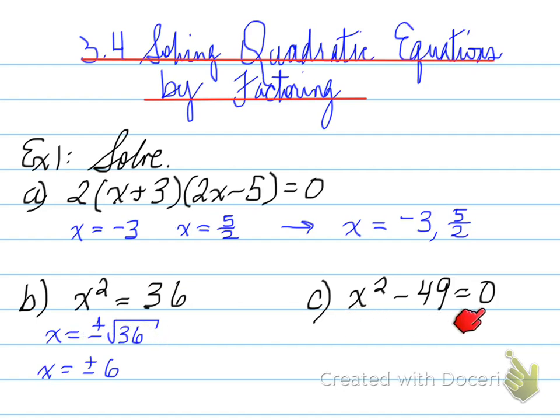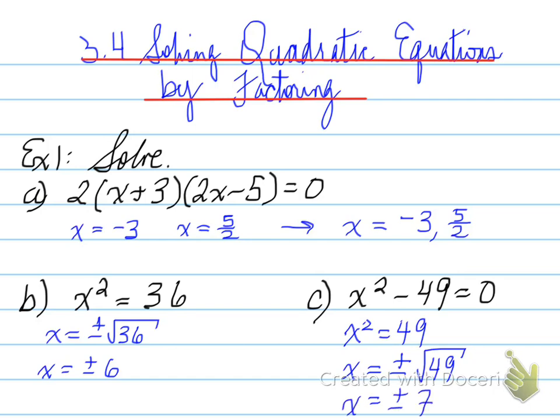x squared minus 49 equals 0. There are two ways to do this particular problem. The first way is to move 49 over, just like in part B, and then we take plus or minus the square root of 49, which means x is equal to plus or minus 7.